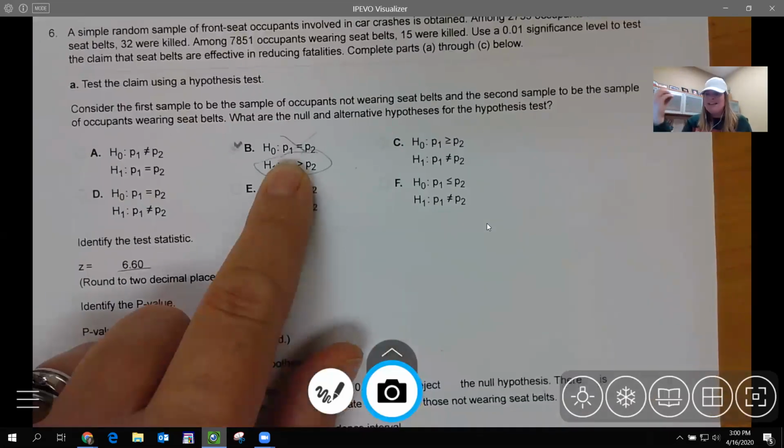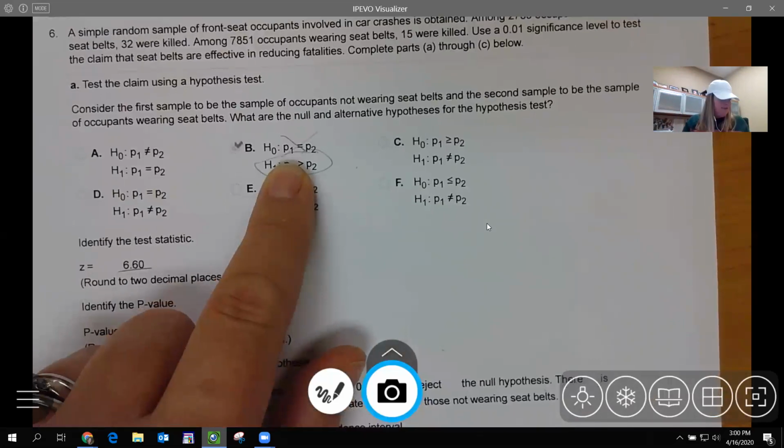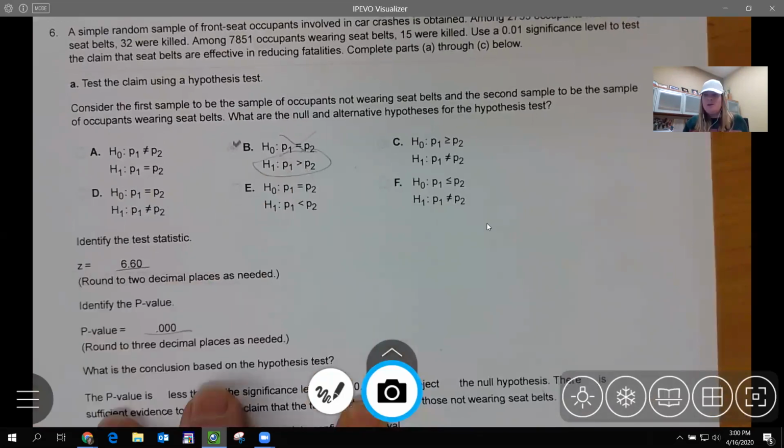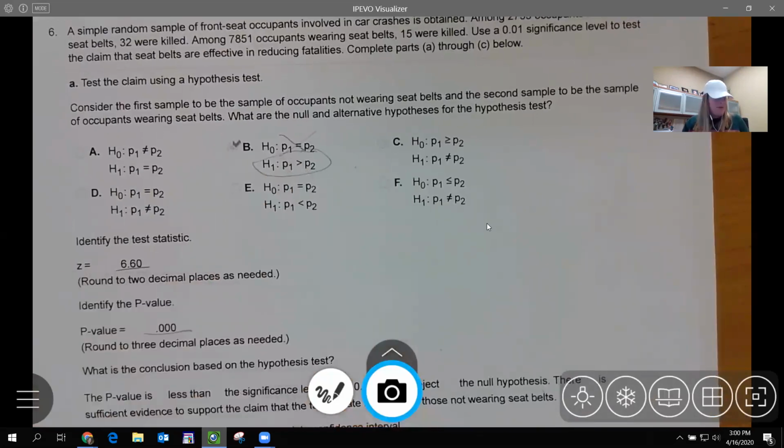The claim is correct. If this would have been a higher p-value than your significance level, then you would have said fail to reject the null, and you would have said we accept the null. That's what we think there's evidence for. And out with the alternative.